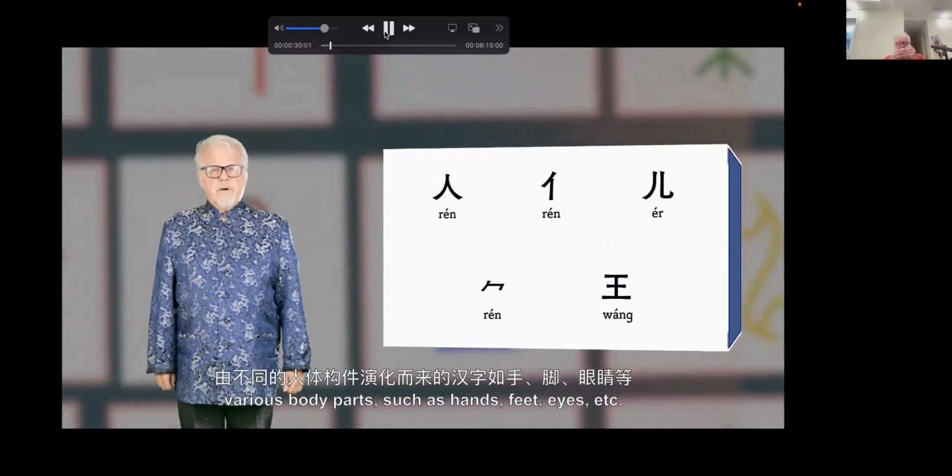The usual word for 绝 has a 糸 on the side.